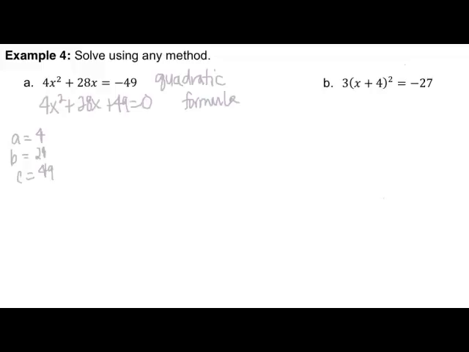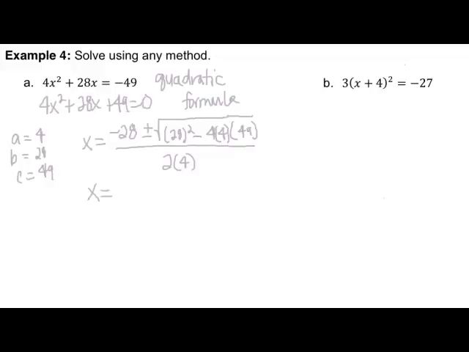I plug those into my formula. x equals the opposite of b, so negative 28, plus or minus the square root of b squared. So that is 28 squared, minus 4 times a, which is 4, times c, which is 49. And all of that is over 2a, or 2 times 4.